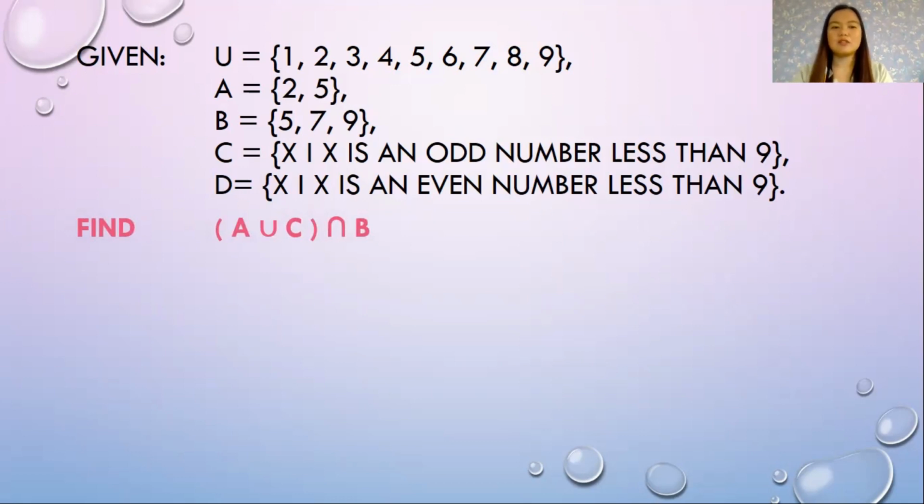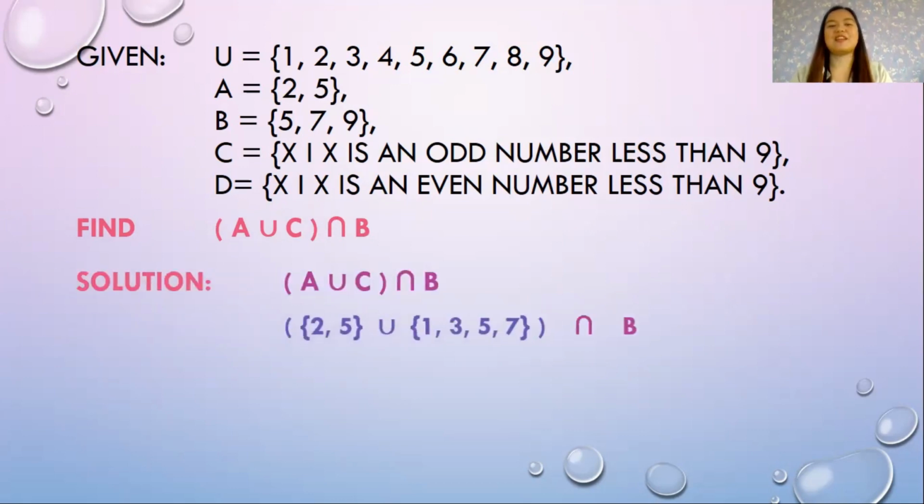First bonus. A union C, open and close parentheses, and then intersection with B. Unahin muna natin yung A union C. Pag na-substitute mo na, kunin mo na yung answer.